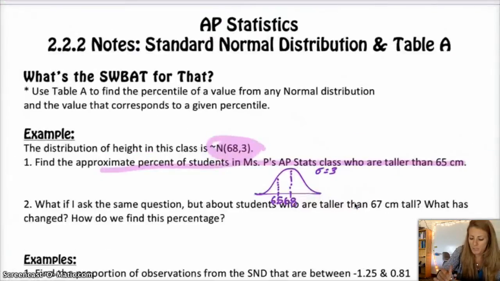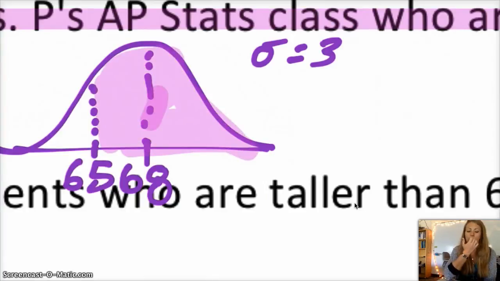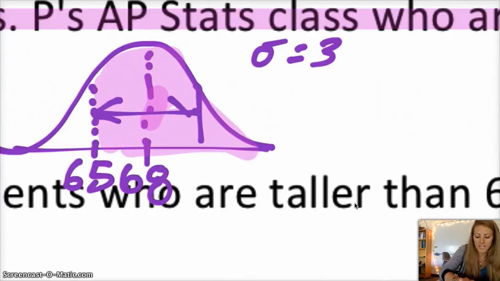And we want to know the percent of people who are taller than that. So we're basically finding the area under the curve that's above 65. And because of the empirical rule, we can figure that out, right? Because we know we've got 68% of the data within 1 standard deviation, 95% within 2 standard deviations, 99.7% within 3. The other thing that we know is that the top half is 50% of the data. So that's 50%.